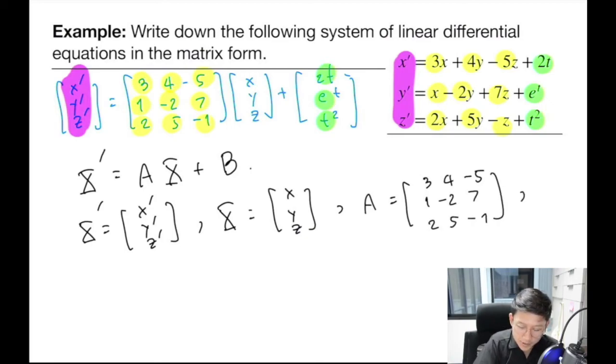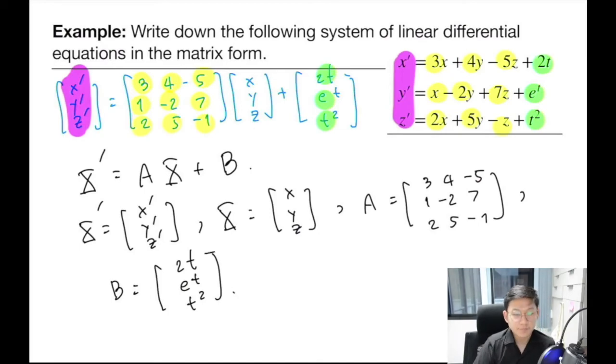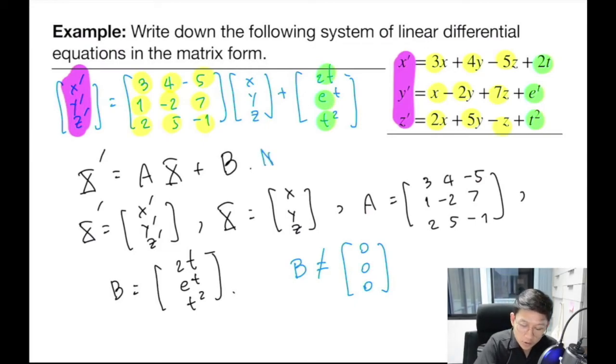And b would be 2t, e to the t, and t squared. And as you can see, the b here is not the zero vector. So this equation is non-homogeneous.